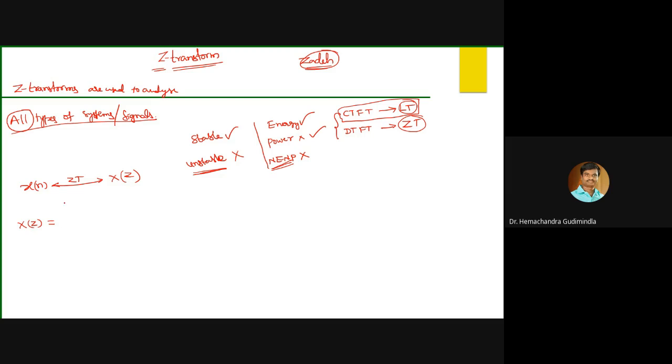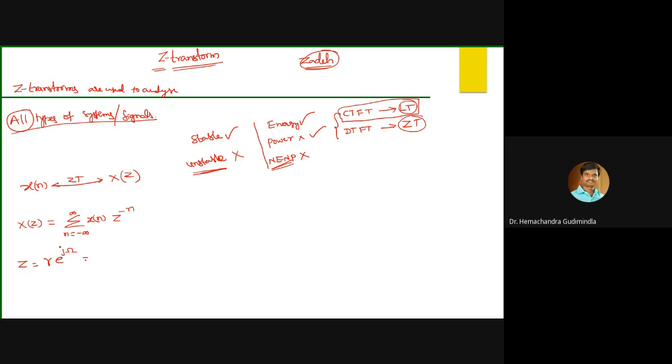I told you this is the extension of the discrete time Fourier transform. X of z is the summation from n equal to minus infinity to infinity of x of n into z power minus n. What is z? Z is nothing but r into e power j omega.